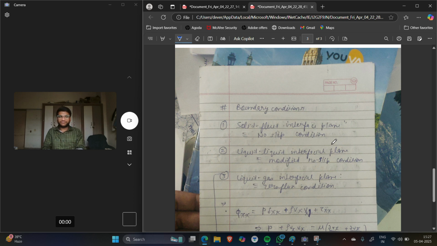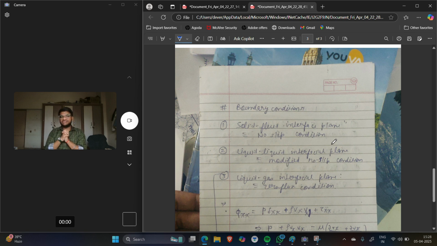Now what this condition says is that at the interface of the water and oil, the last layer of the oil from the top and the first layer of the water will be in contact with each other, and there will not be any slip between these two layers. Means the velocity of the last layer of the oil and the first layer of the water will be the same. Means the velocity of this and the velocity of this will be the same.